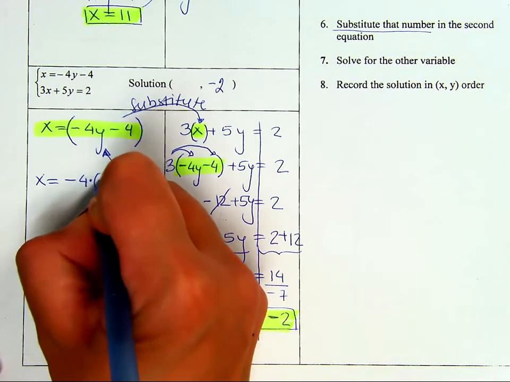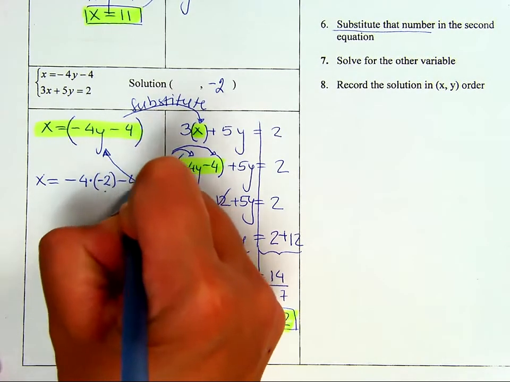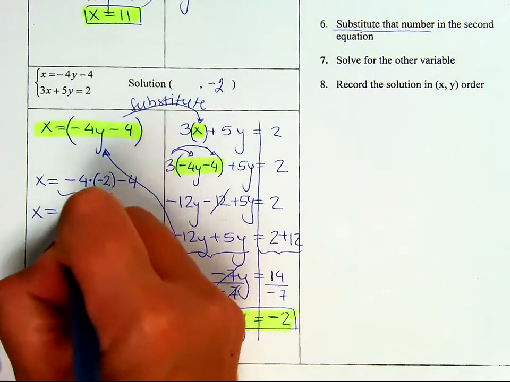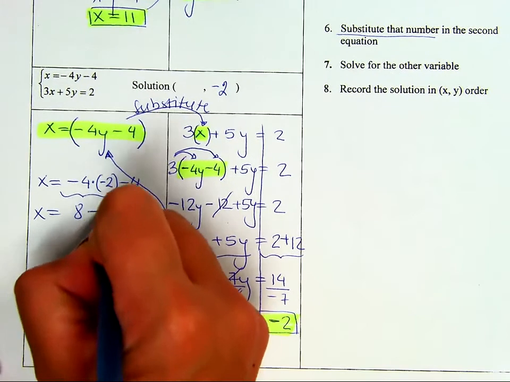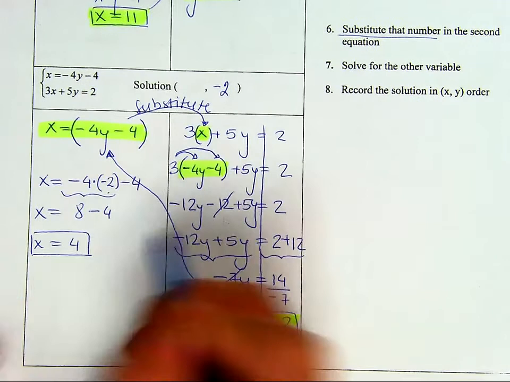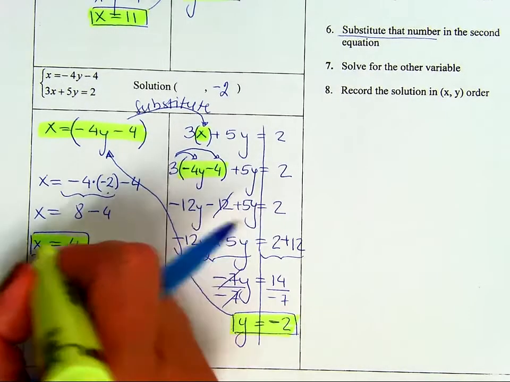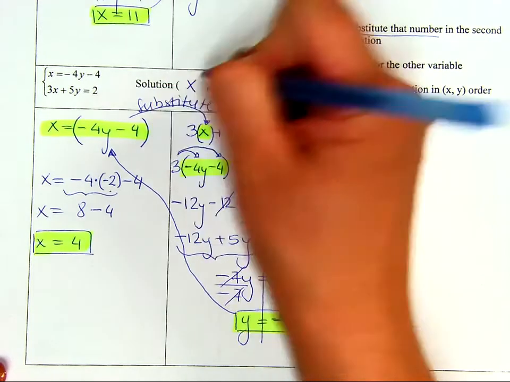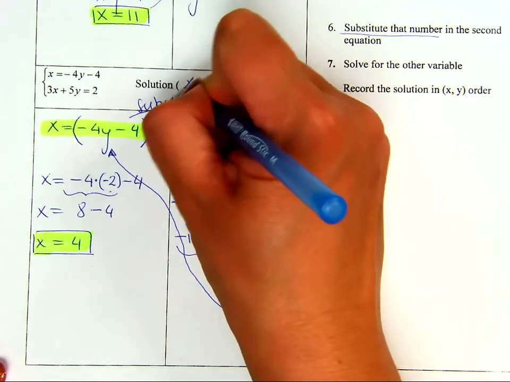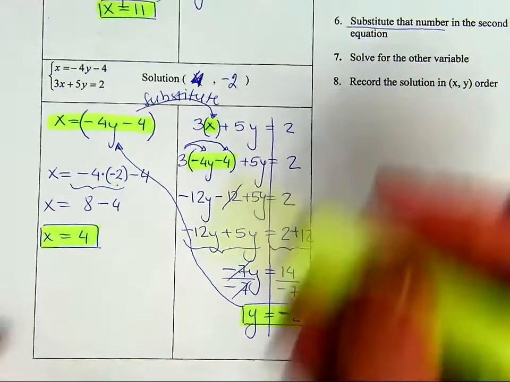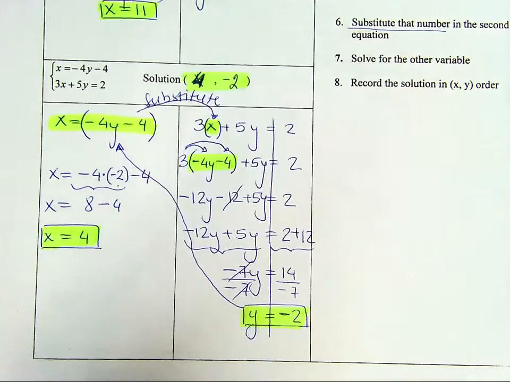Instead of y, we substitute negative 2, because now we know x will be, using the order of operations, 8 minus 4, which is 4. The solution is found when both variables of the system are identified. So x, y: 4, negative 2.